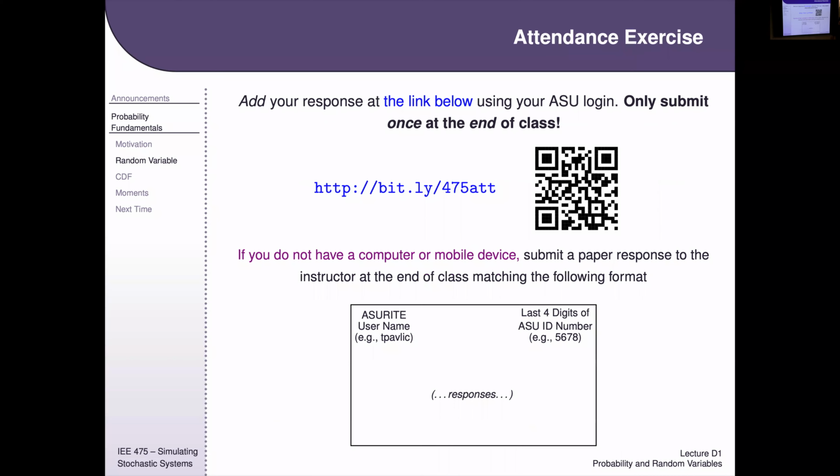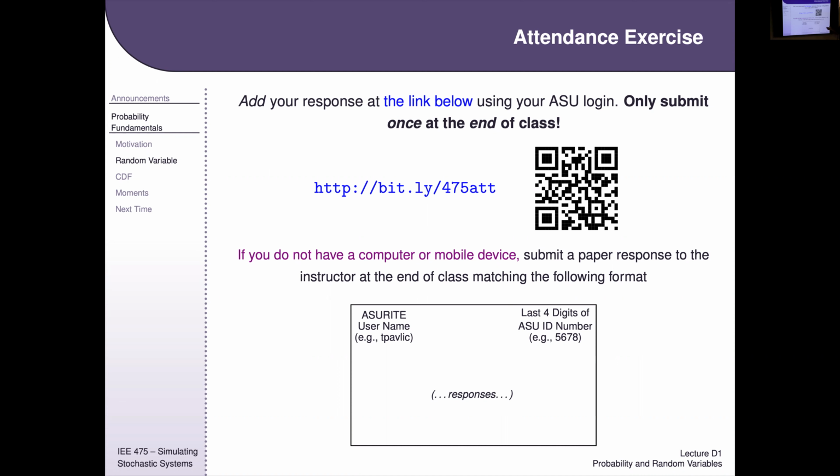Okay. All right, so let's do a little attendance response just to wake everybody up. So this will be question 1 here. I'll put it in the chat as well. And the question here is, we'll just say, what is the probability of the full sample space, which is omega?